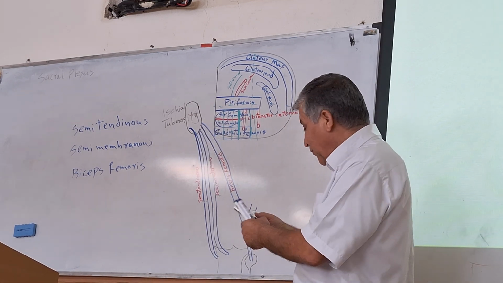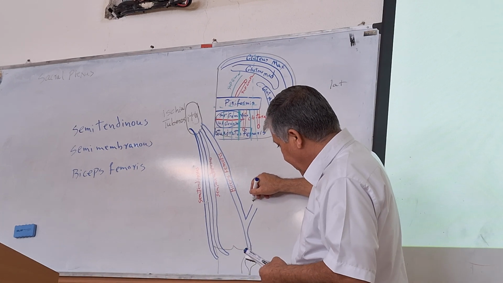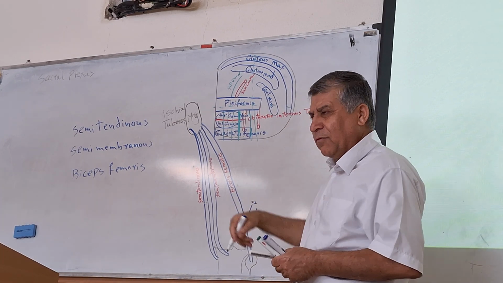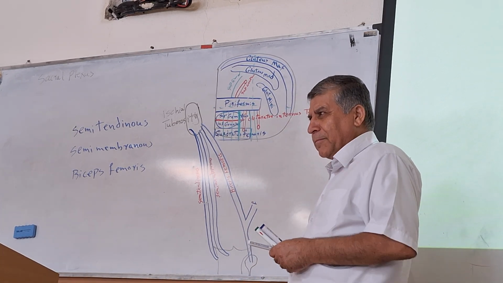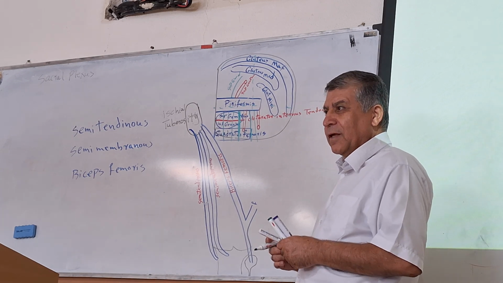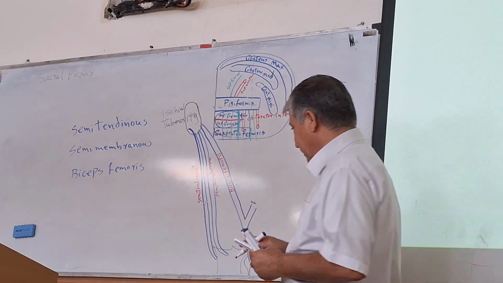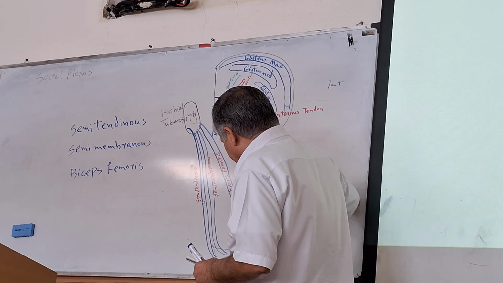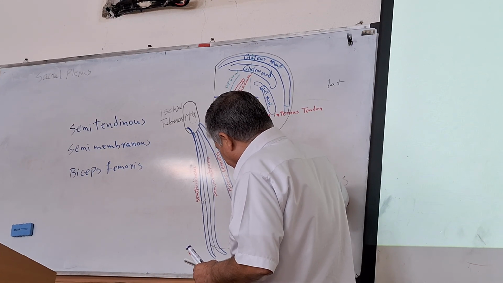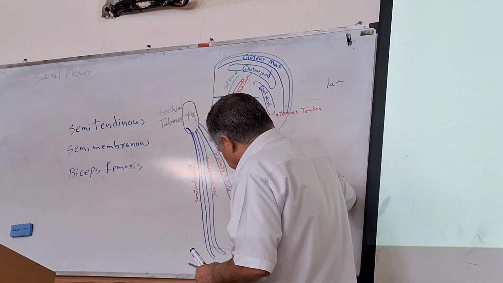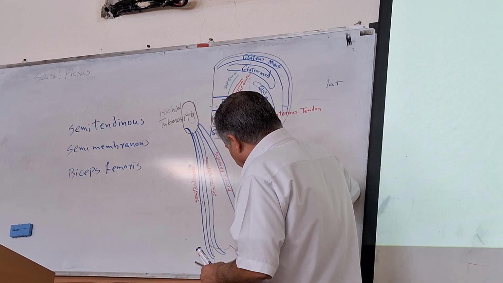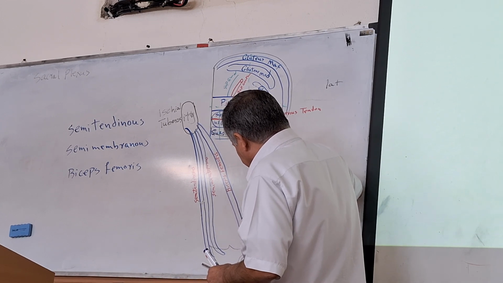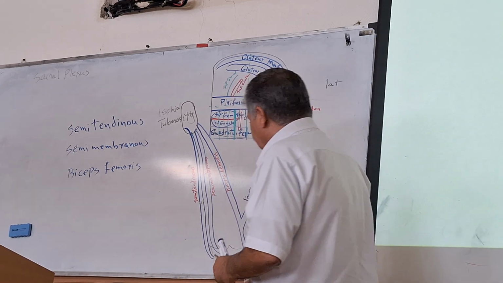The short head originates from the femur. Which part of the femur? The posterior part, the linea aspera.